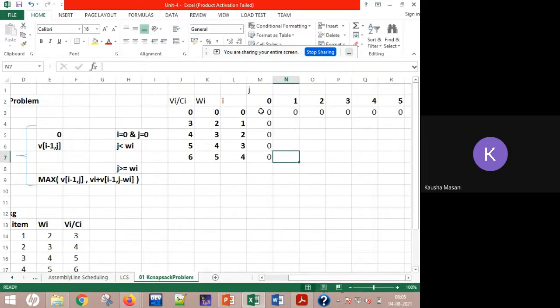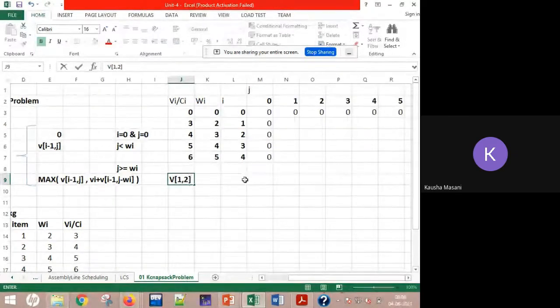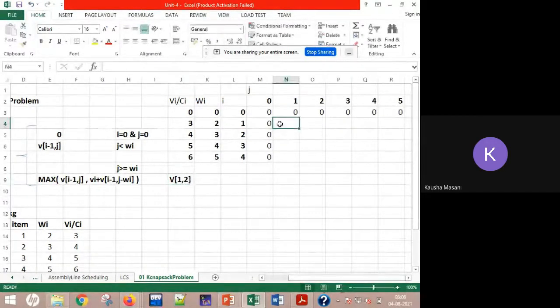Now coming to this particular cell, V of 1 comma 1.